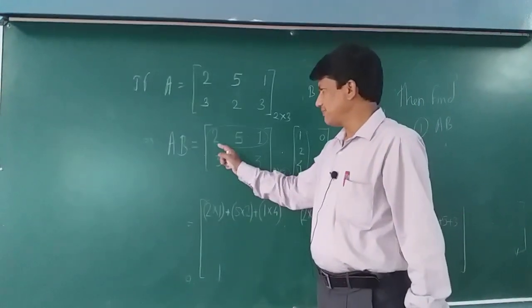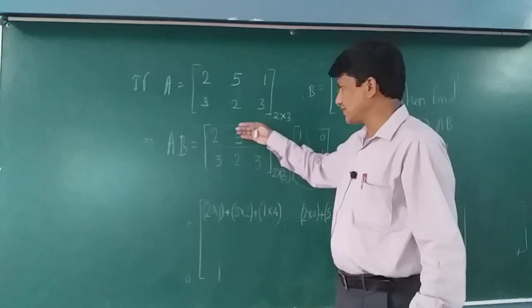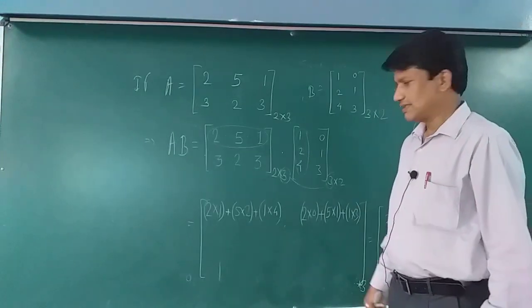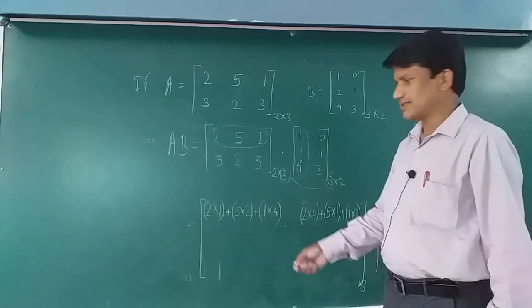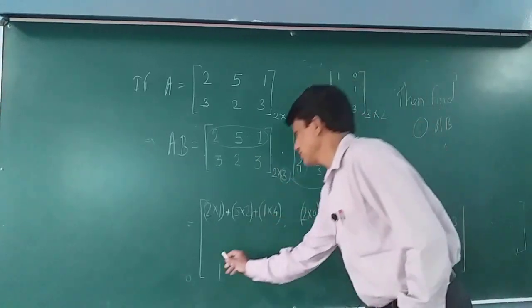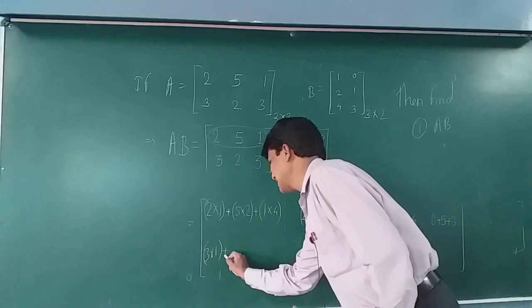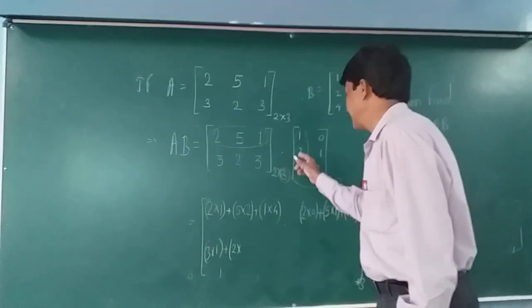So this is the multiplication of the first row with the first column and second column. In a similar way, select the second row and multiply with the first column. Here the number 3 multiply by 1. So 3 multiply by 1. Plus the second number 2 multiply by 2.